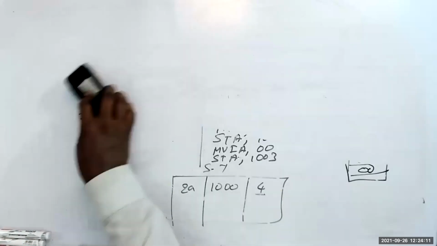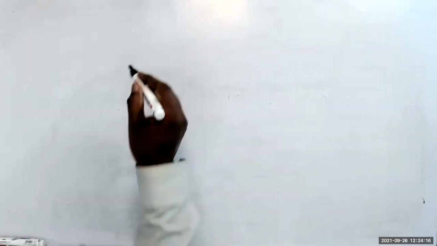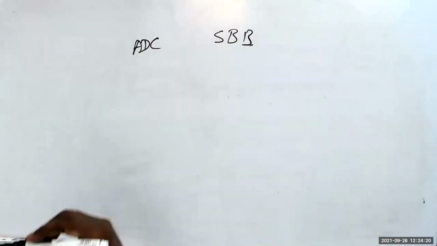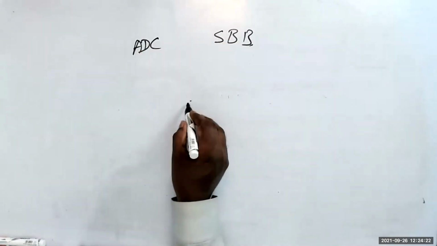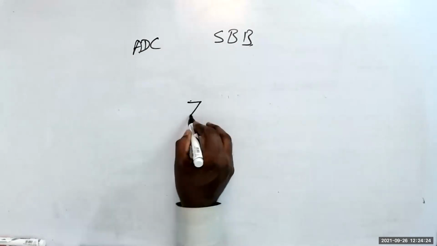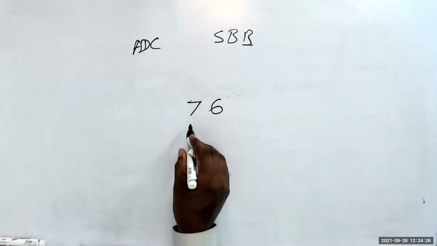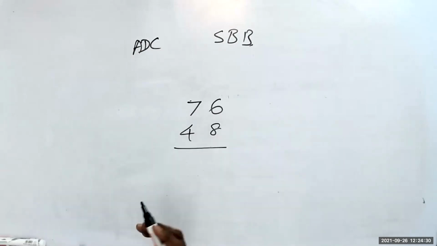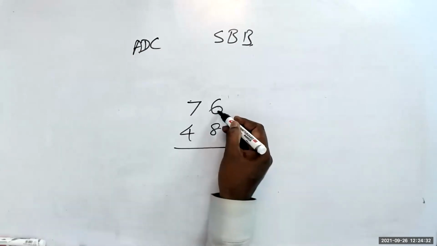Now, somebody asked me about add C and sub B. The school teaches you 76 subtract 48. It is very easy. I don't have one number to borrow.